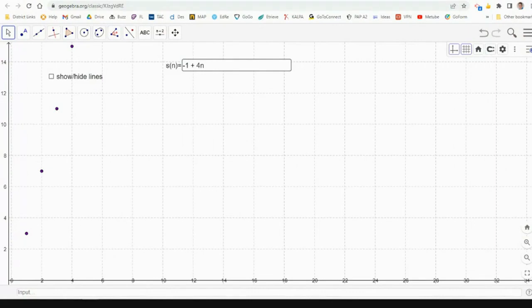Let me see if I can pull up another example here. So to graph a geometric series, let me see this last geometric series we were playing with.